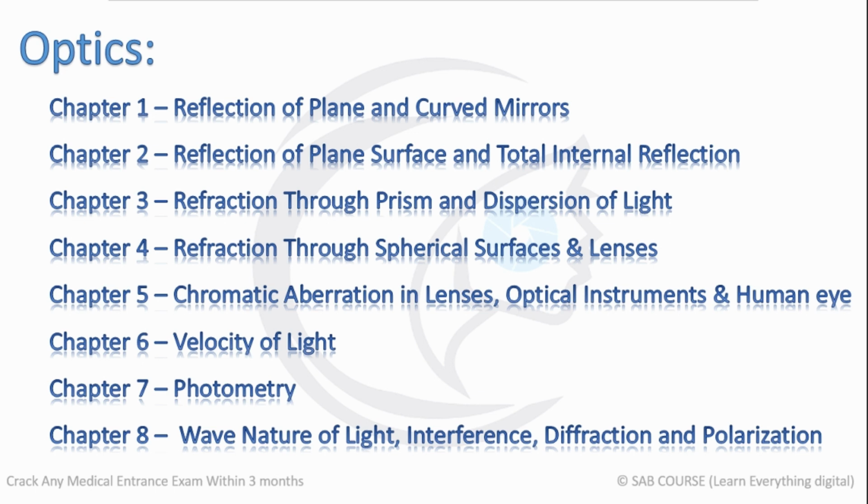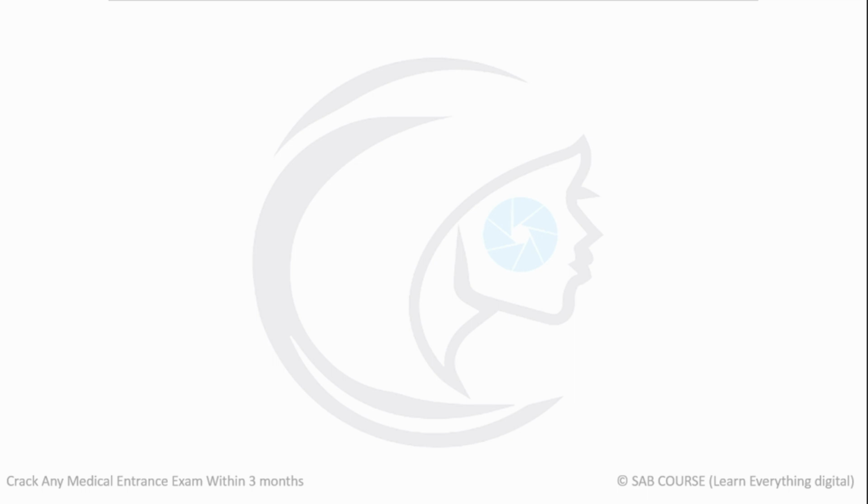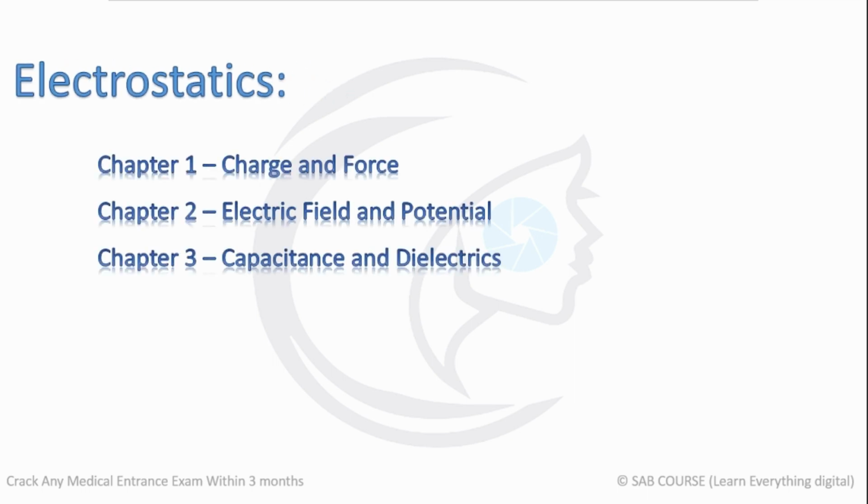After that we will learn electrostatics. The electrostatics section has 3 chapters. First one is charge and force, another is electric field and potential, and finally we will end electrostatics with capacitance and dielectrics.